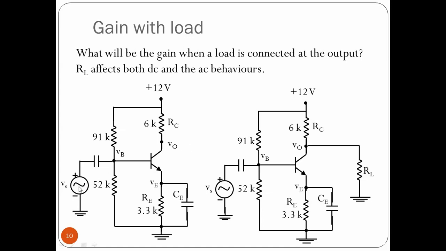A microphone gives an output of some millivolts. You amplify the signal, and the output would be fed to a speaker. Similarly, for any signal, the output would be used to do something else, and that would be done by another circuit connected to the output of the amplifier. So the amplifier output always has something connected to it, and that is called a load.